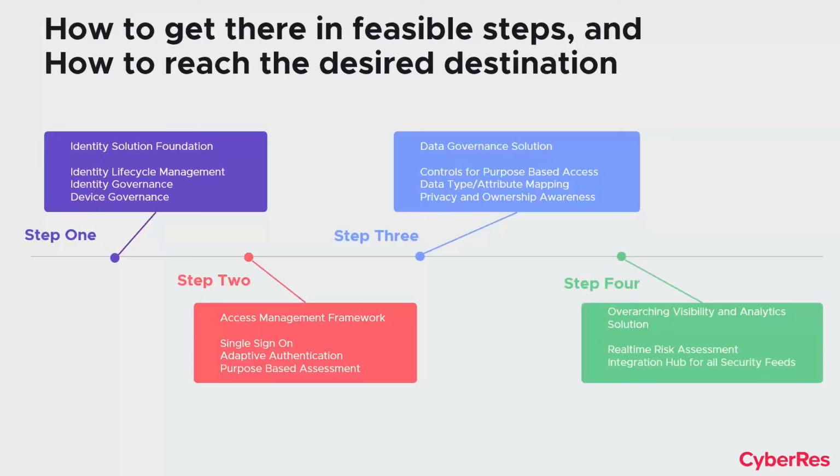And it should also be able to provide privacy and ownership awareness so that you can do self-management of data, and you can also really be tight on your granular controls of how people get to that data.